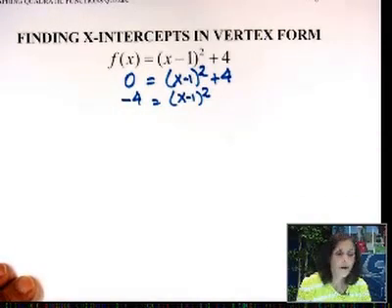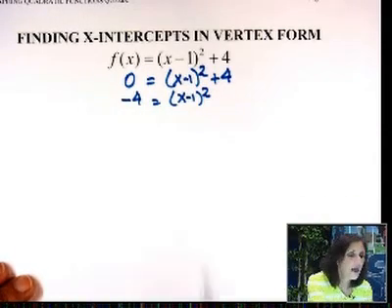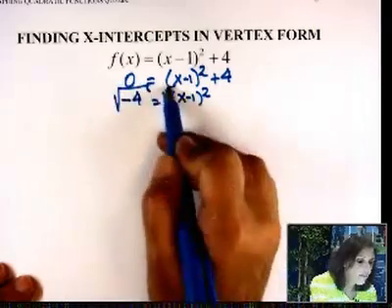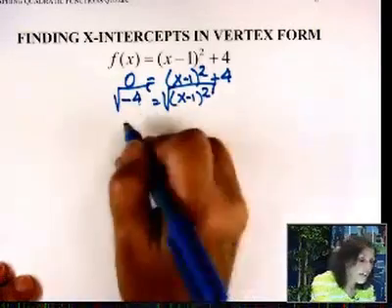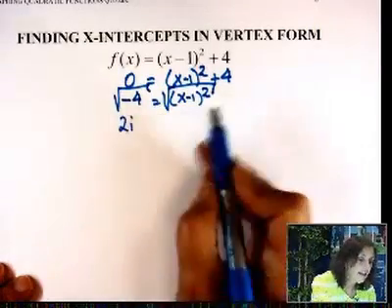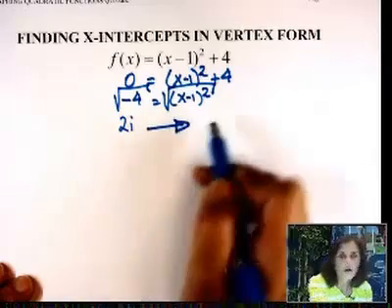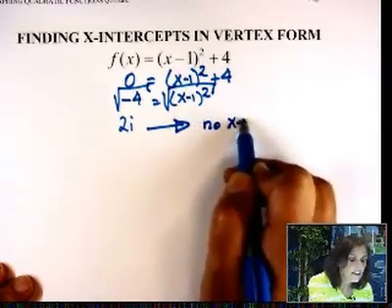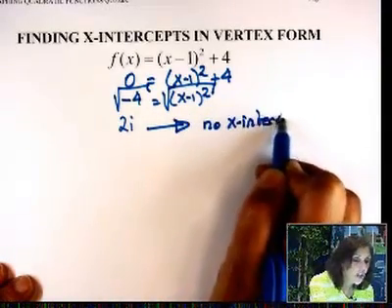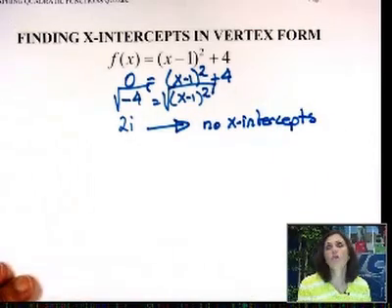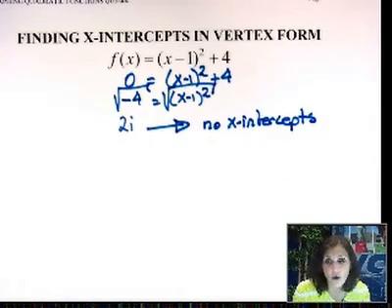Now you have a square root, and the square root of a negative number is going to be imaginary. That means what? No x-intercepts. So you can actually stop at this point. So you know your parabola is floating.